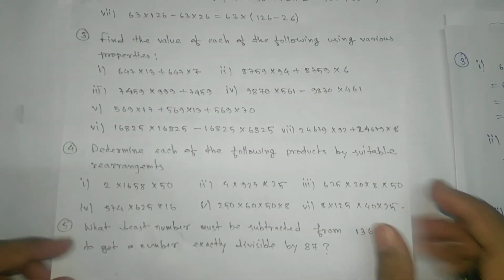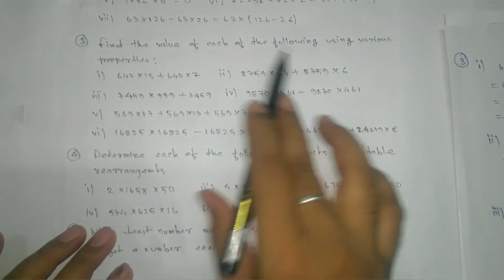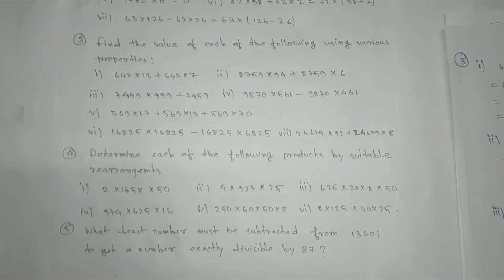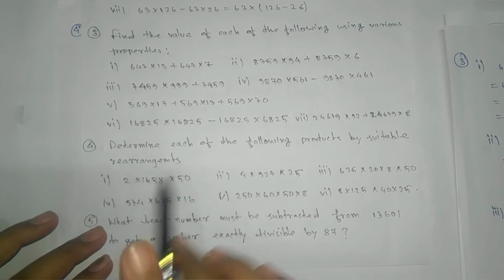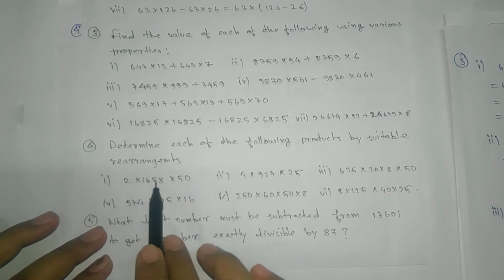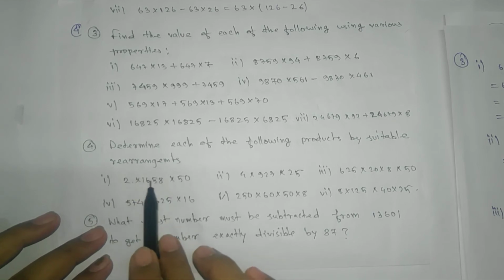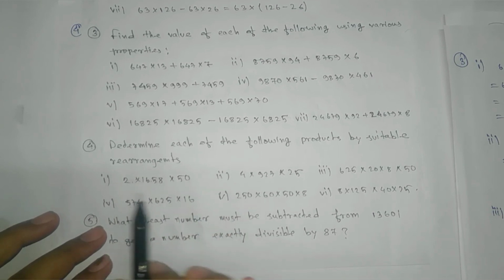Next, second last problem, we'll enter into this. So here also, determine each of the following products by suitable rearrangement. Similarly, the way we have done for the third number, here we're going to do. So in this case, look here. If we adjust here, that means commutative property. If we use the commutative property for multiplication, that means we can take 1658 this side and 2 this side. And if we take this one, then 2 into 50 means what? 100, and we'll get the answer.